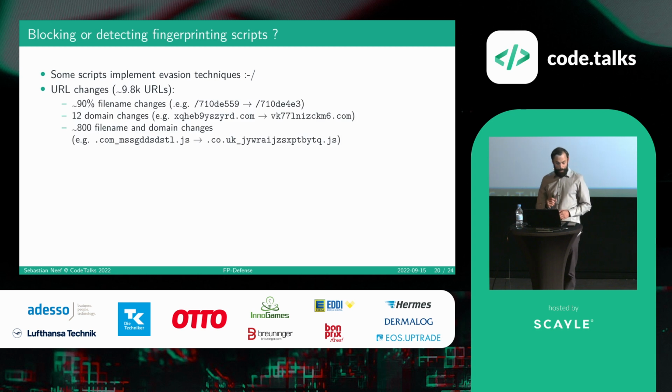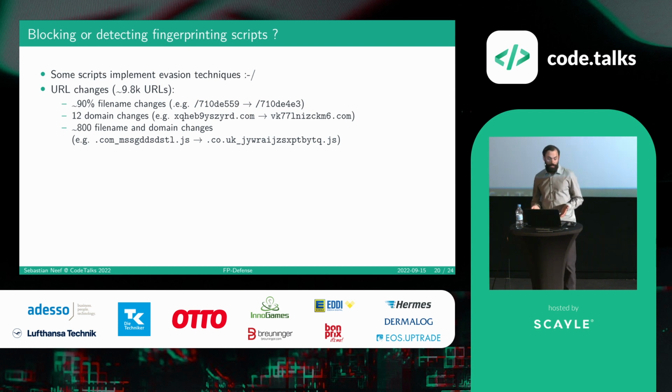What does that mean? I scanned all the websites twice and then compared what script files changed or how their behavior changed. Of those roughly 10,000 URLs where the URL had changed, about 90% of the changes came from just randomized file names like this.